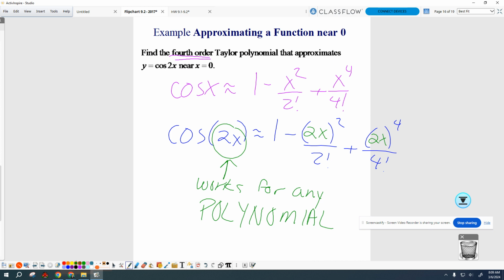Works for any polynomial. So if you wanted to do sine of natural log of x, which I don't know what that looks like at all, can't do it. Natural log is not a polynomial. Sine of e to the x, no flip included. Sine of 2x squared plus 3, never tried it, but that would work.